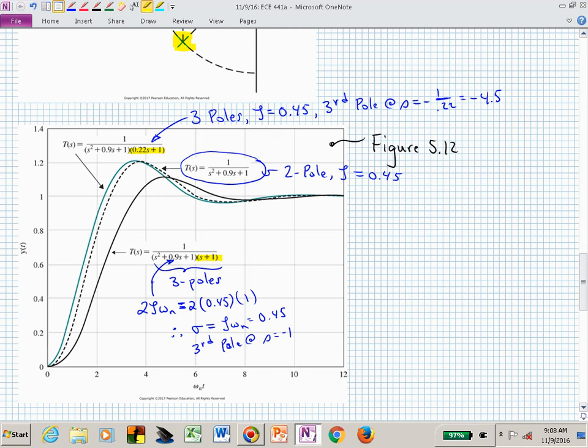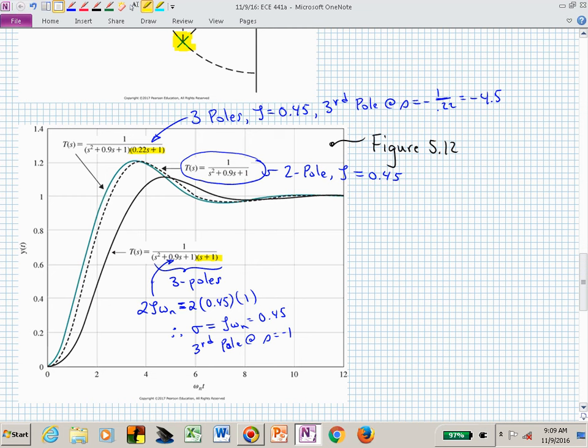How does that change? Well, if you now have a third pole in this transfer function located at minus 4.5, and your dominant poles are a distance of 1 away from the origin, but they have a real part of minus sigma, and sigma is zeta omega sub n, so they have a real part of 0.45.